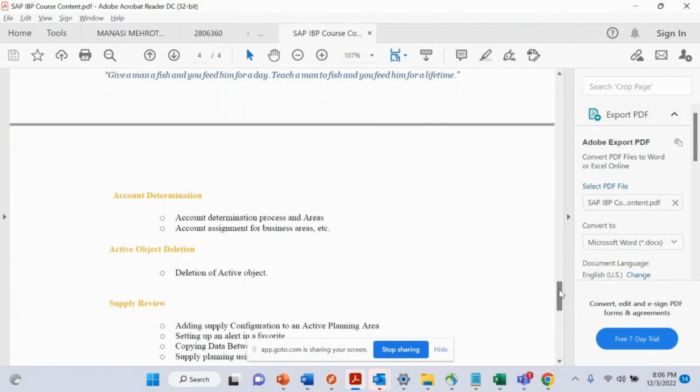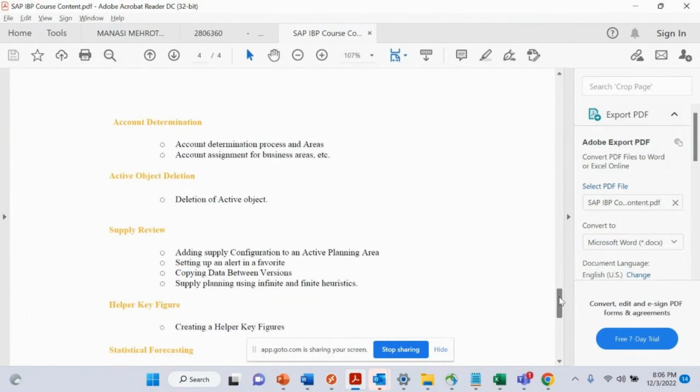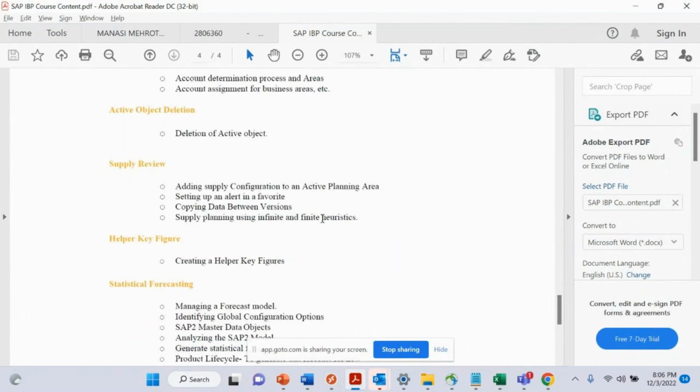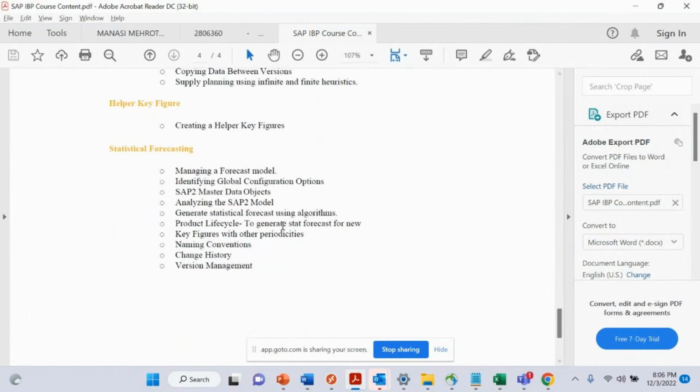Then how to delete the active planning object, and an overview of supply: what is the scope of infinite and finite. Copying data between versions in IBP, from the base version to upside, downside, or any custom versions you have created. How to create a helper key figure and its advantage. Then statistical forecasting: what is the model, what configurations you need to do.